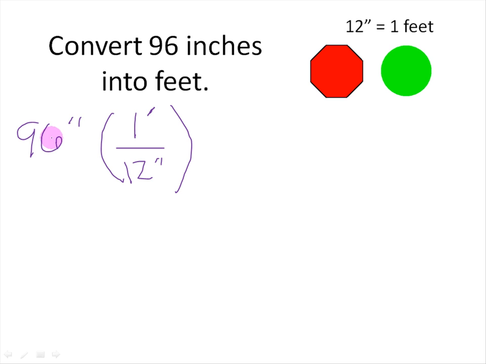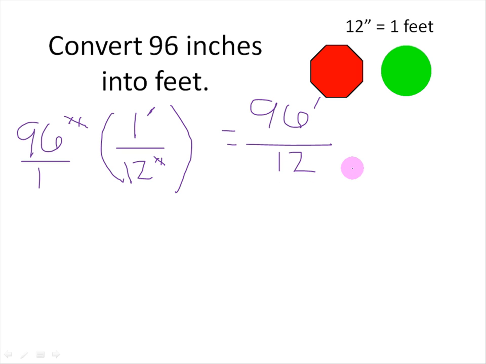We're going to multiply, we can cancel the inches with the inches. So now we have the pure number 96 times 1 foot. That's going to equal 96 feet over the pure number 12, the inches are gone. And this is just over 1, so 1 times 12 is 12.